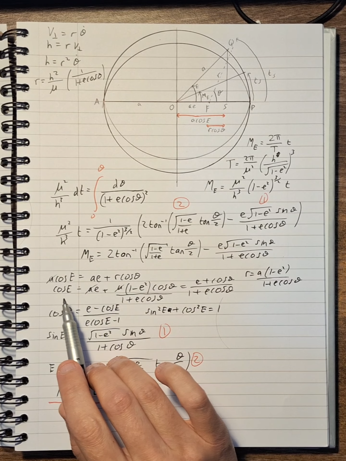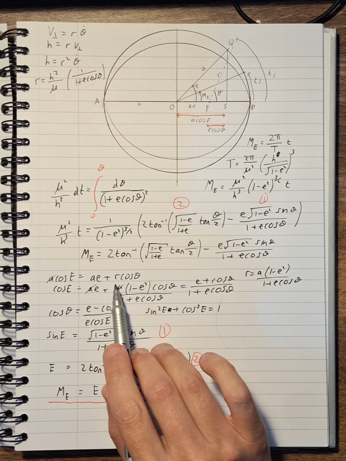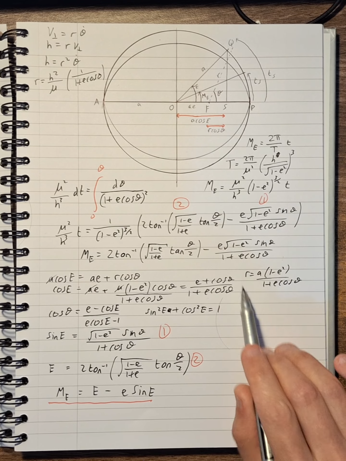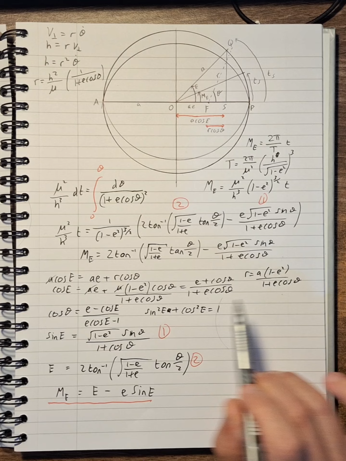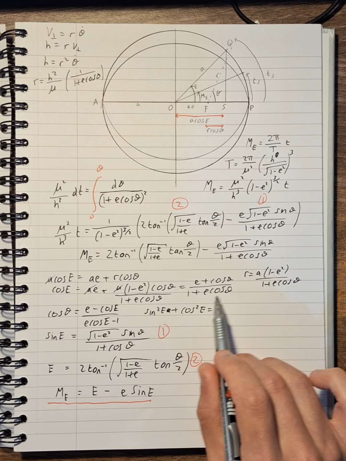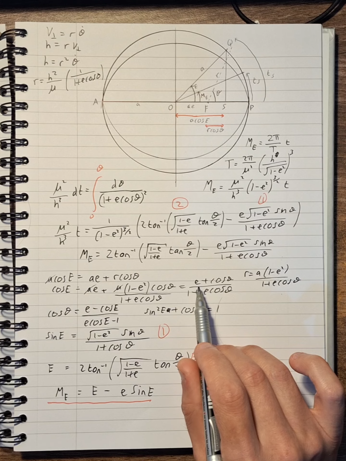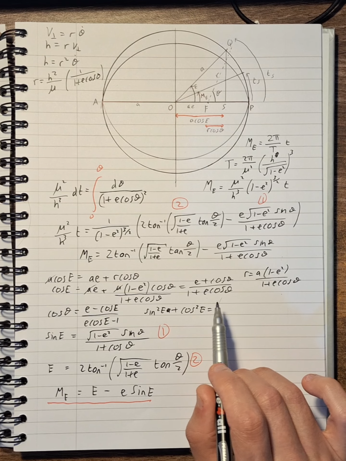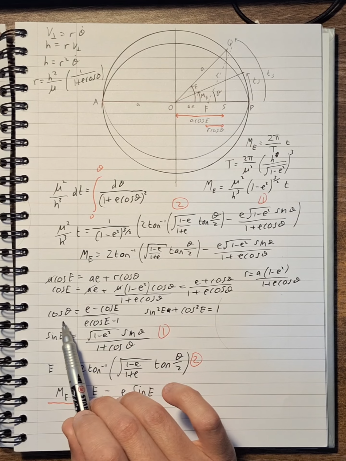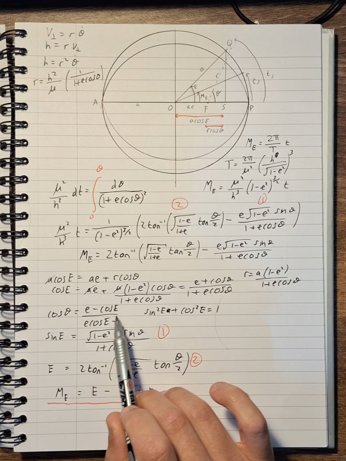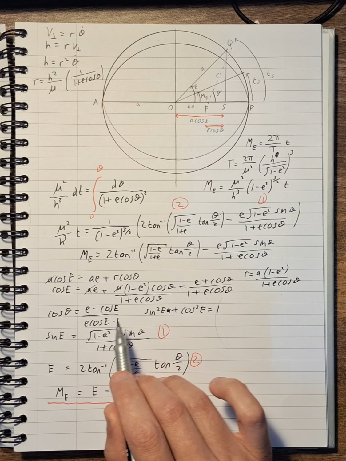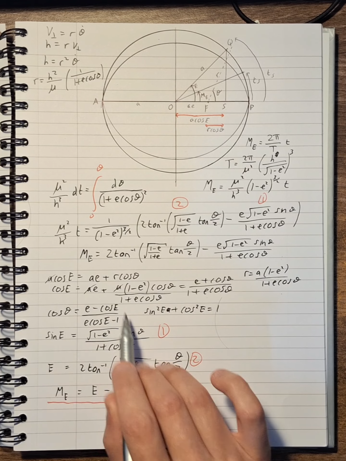Then if we cancel our A's and replace R with our elliptical orbit formula, we get this once simplified, and we can rearrange that to be cos theta equals cos E minus e over 1 minus e cos E. I'm saying E a lot, but there's a lot of E's in this.